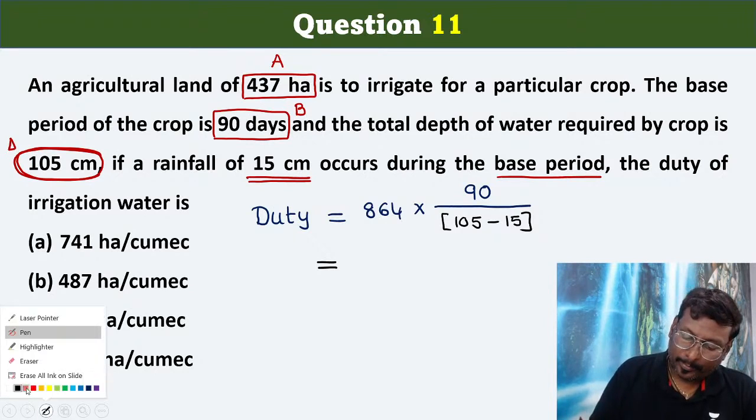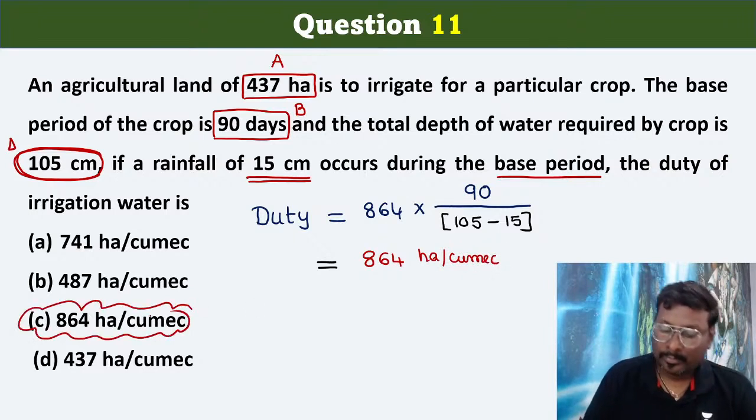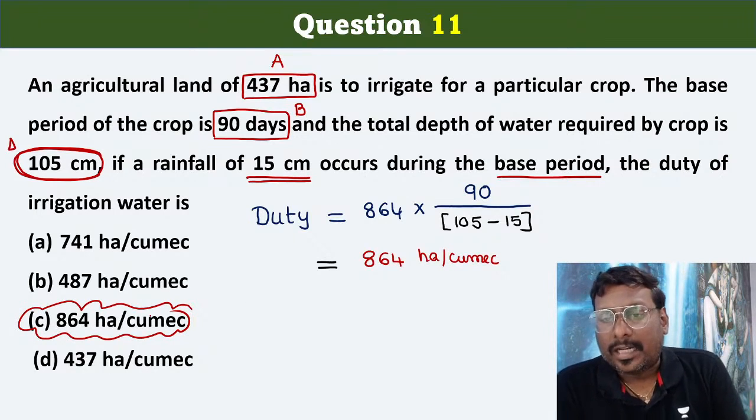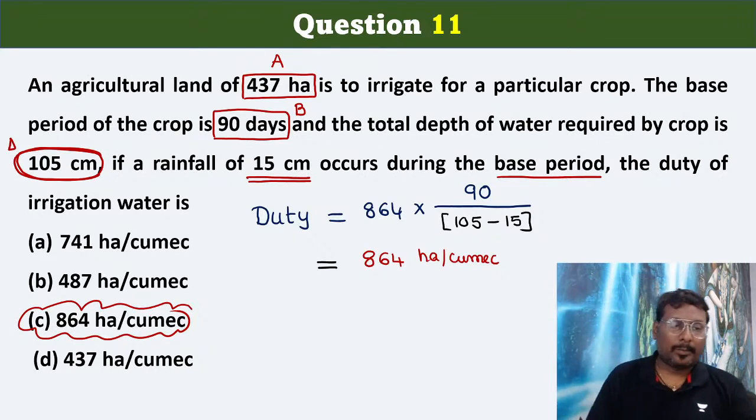Yes, that only came. 864 hectare per cumec.